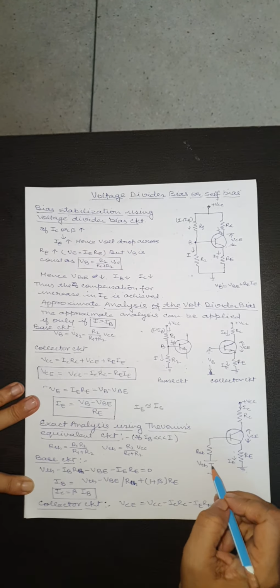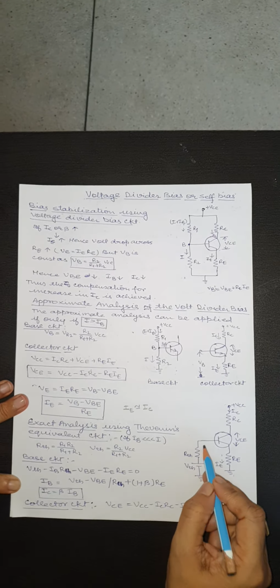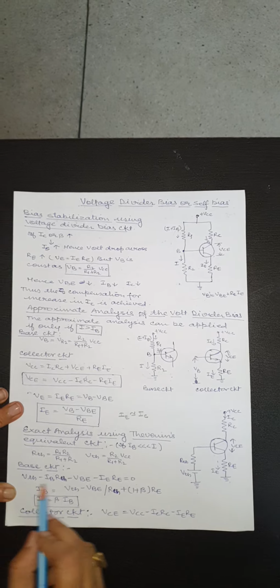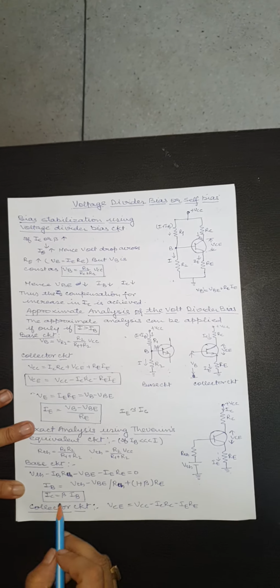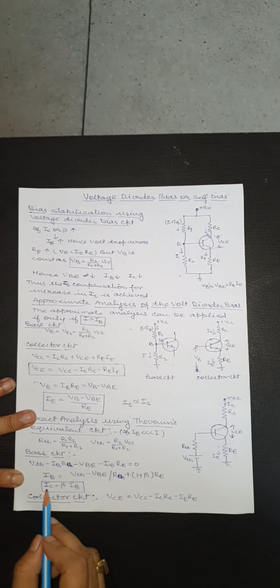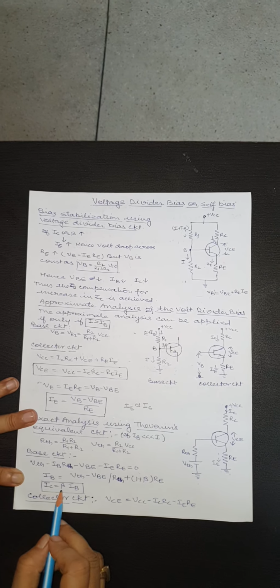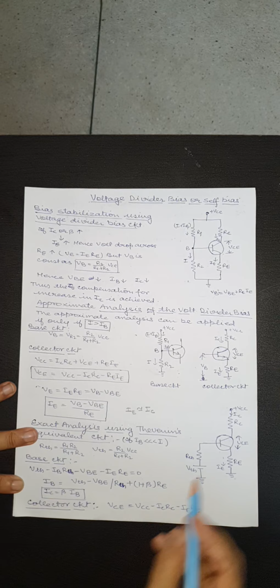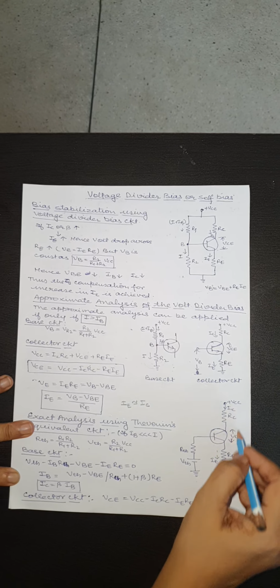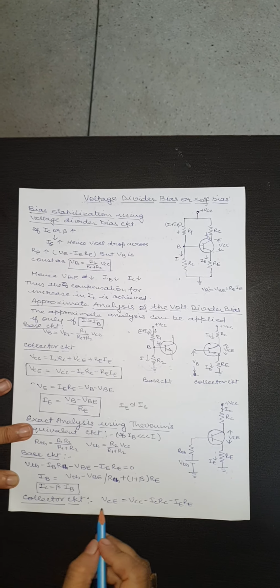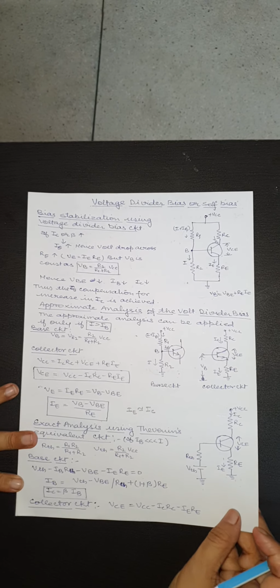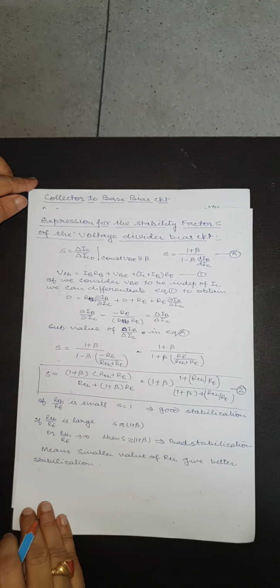If we apply KVL in this base circuit, we get this equation, and from this equation we get the value of IB, and as IC is equal to beta times IB, we get the first operating point, and when we apply KVL in this circuit, we get the value of VCE or second operating point.